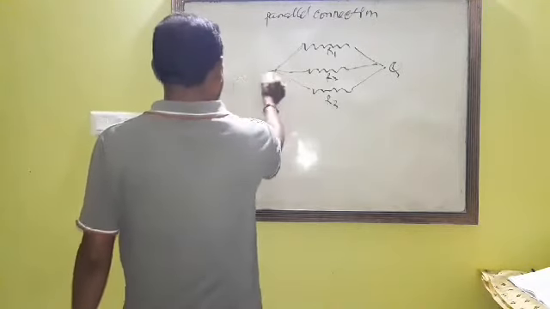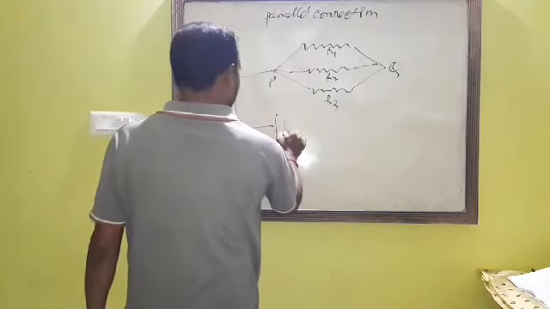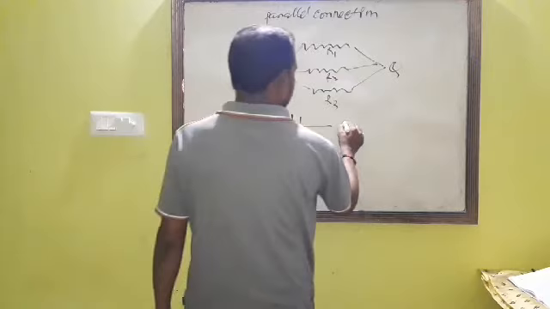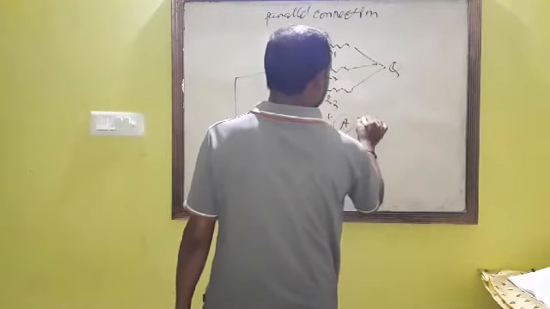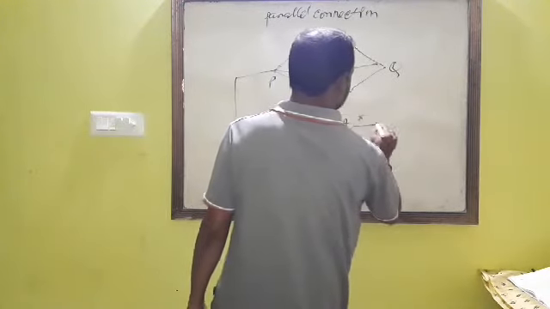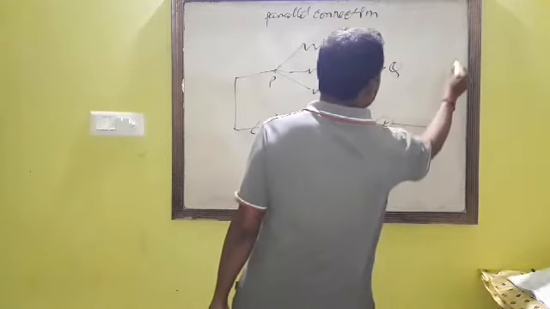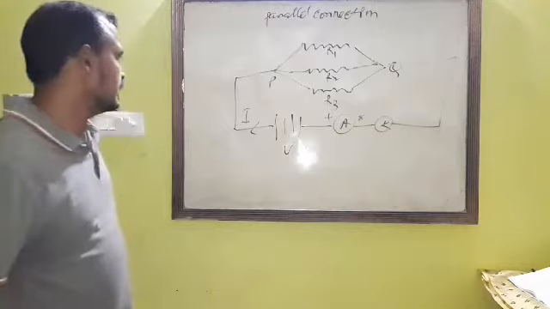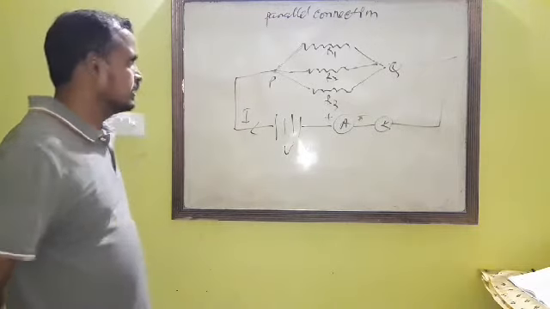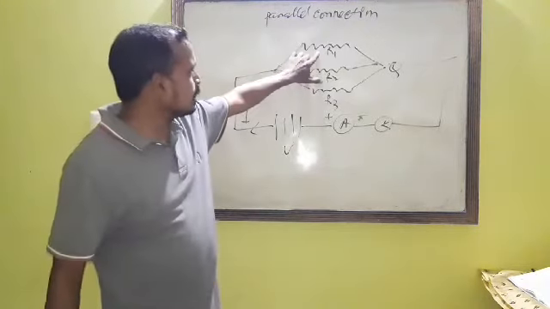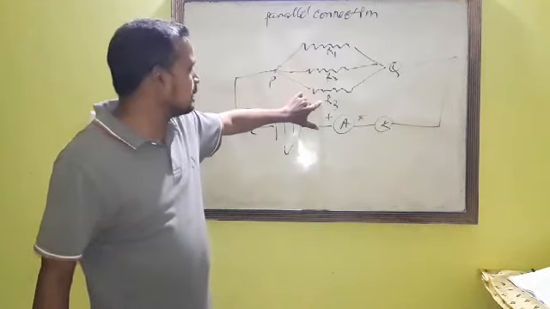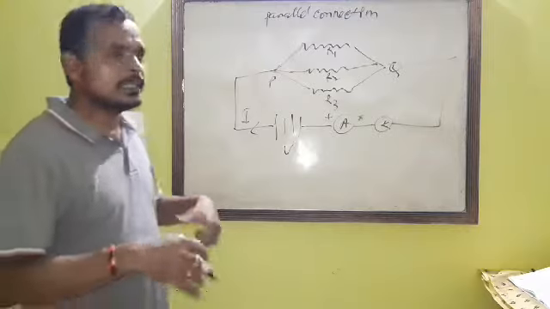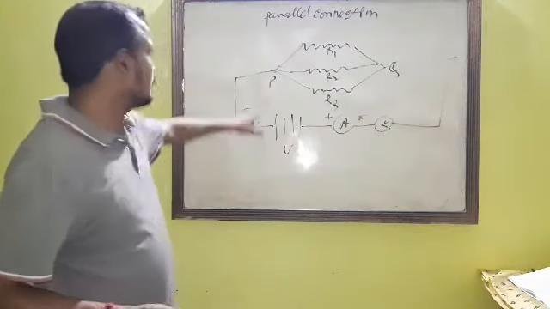Now let us complete the diagram. This is the battery, this is the ammeter that will read the electric current, and this is the key. This is current I in the electric circuit. Since R1, R2 and R3 are different, they will exert different resistances to the flow of current.